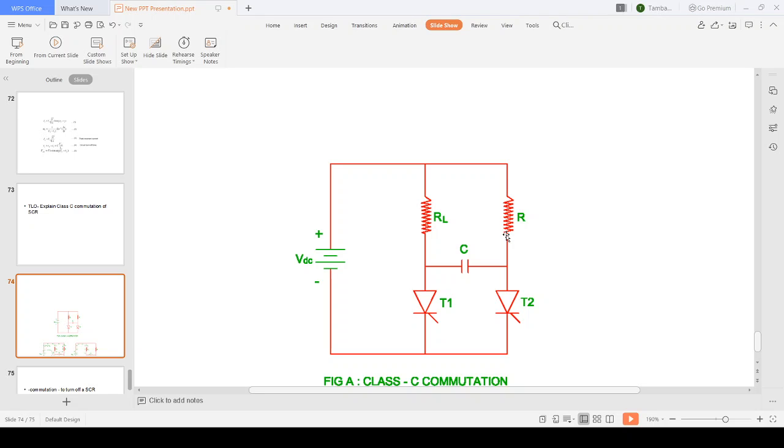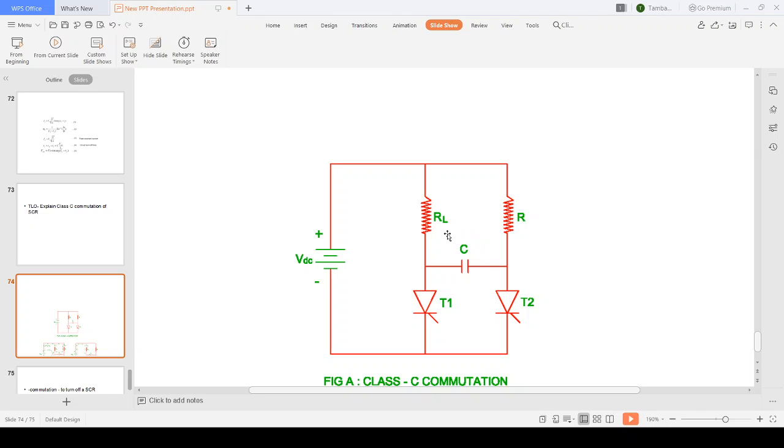Now in this diagrammatic representation, both the SCRs can handle the load current. It means load current can flow through thyristor T1 as well as thyristor T2, and capacitor C is called a commutating capacitor.